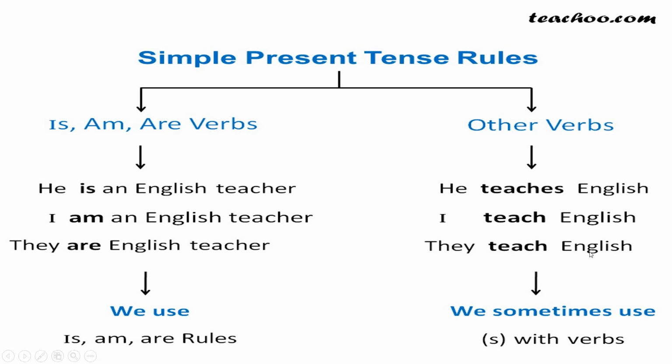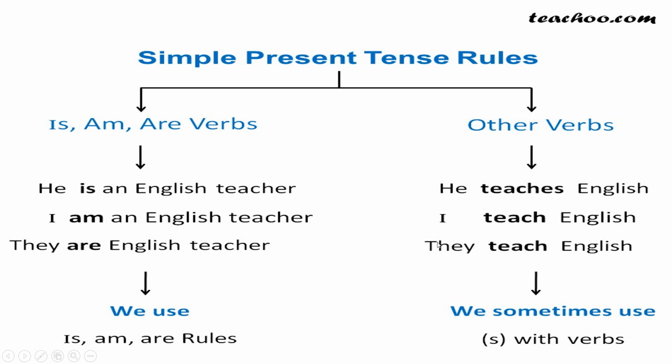Again, the next is they teach English. Again, they is plural, so we will use plural verb. In the same way, we can write he eats an apple, I eat an apple, they eat an apple. In the same way, he drinks, he falls, he sleeps. But I eat, you eat, they eat, I drink, you drink, they drink, we drink.